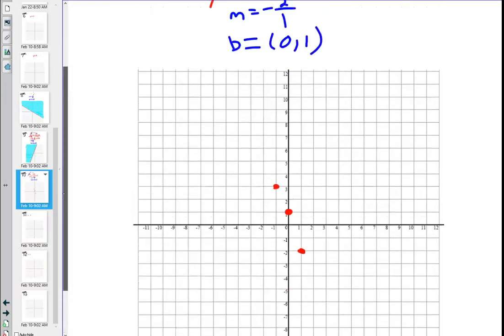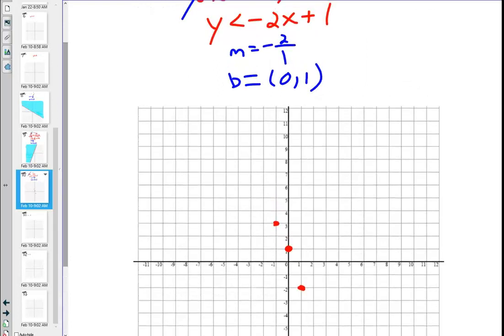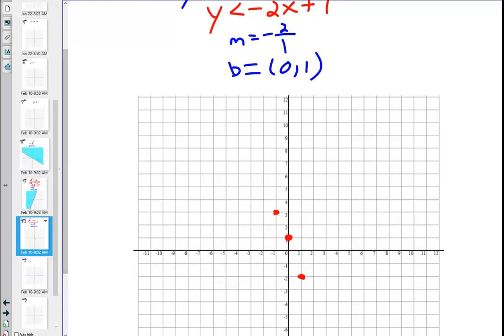Jonathan, what type of boundary? Good, yeah. It is going to be a broken boundary. Are you going to have a quiz on it? You might. No, I'm just kidding.